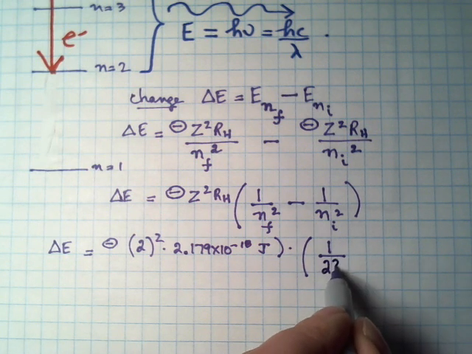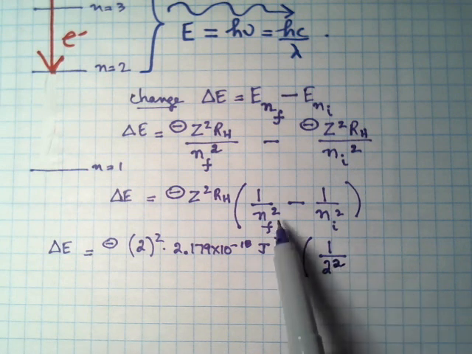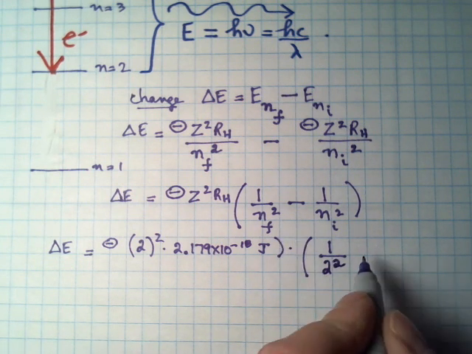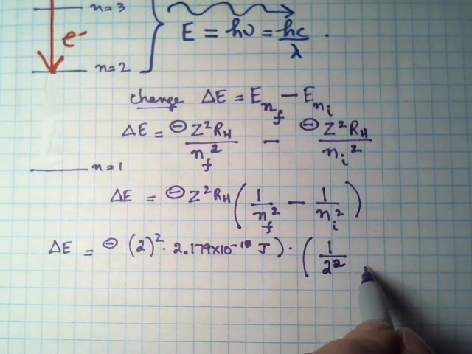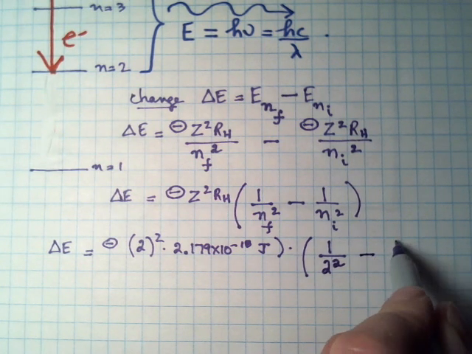So that's 2 squared, and I think I had forgotten to square that in class, didn't I? That's a typical error when you're just writing from line to line. 1 over 2 squared, you can write 1 over 4, it doesn't matter.